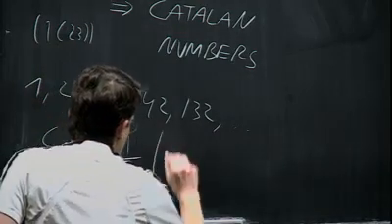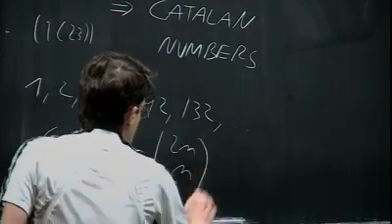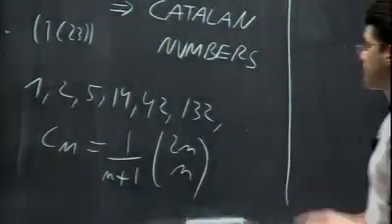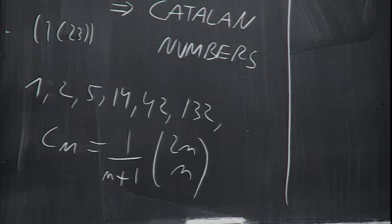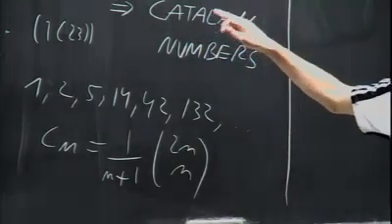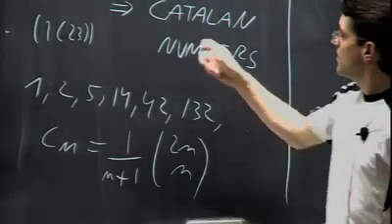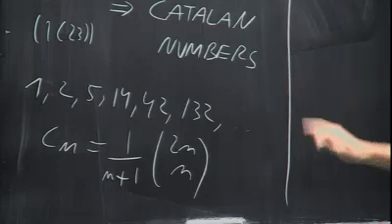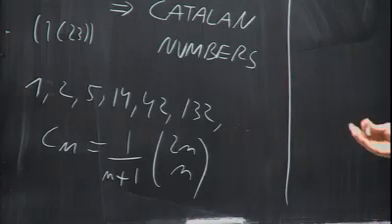N plus 1. Something like that. That's the Catalan number. And mathematicians have also, well, there are like hundreds of interpretations for the Catalan numbers, and one of them is that one, and another interpretation for these numbers are the planar binary trees.